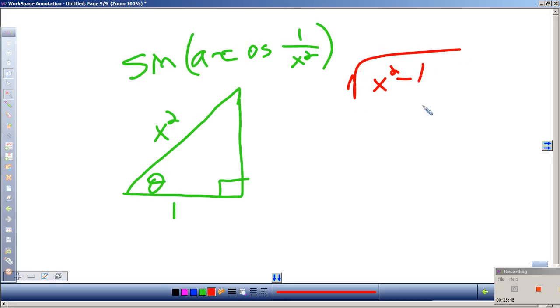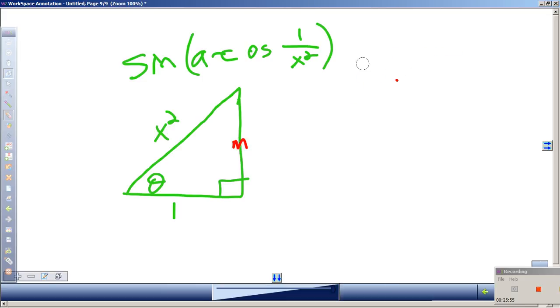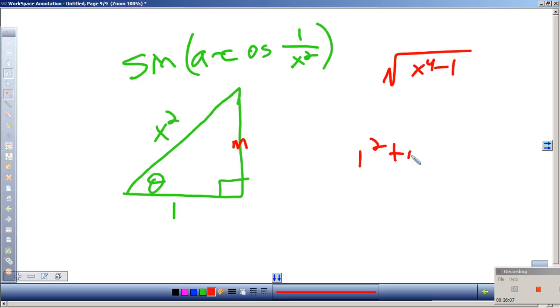So it's the square root of x squared minus 1? No? So, x to the 4th minus 1. The square root of x to the 4th minus 1? I think 1 squared plus m squared equals x to the 4th, so x squared squared.